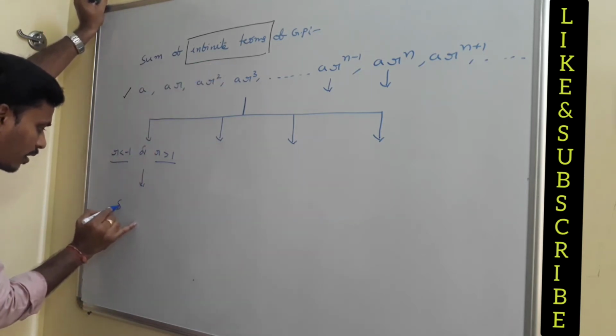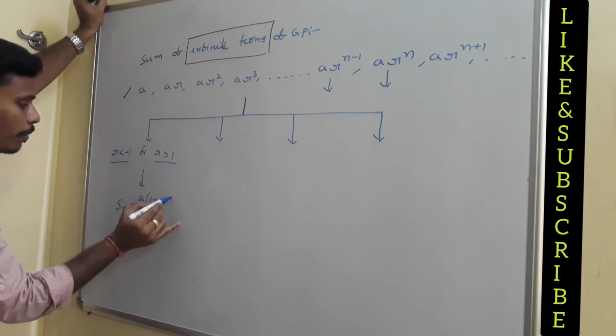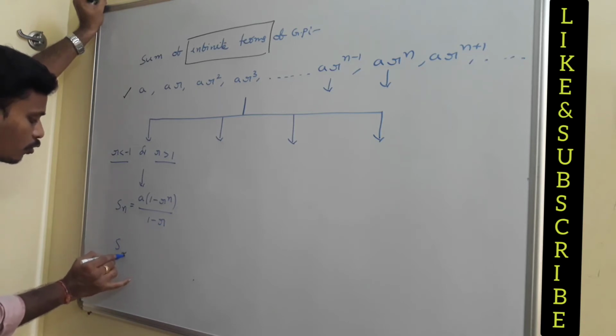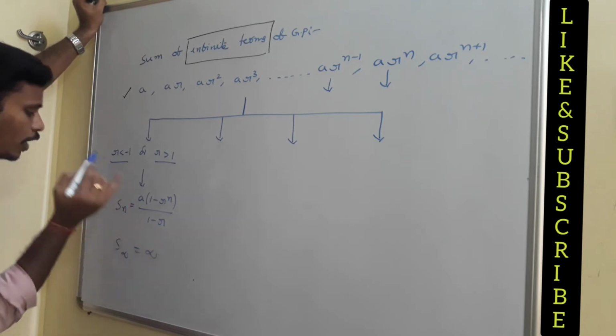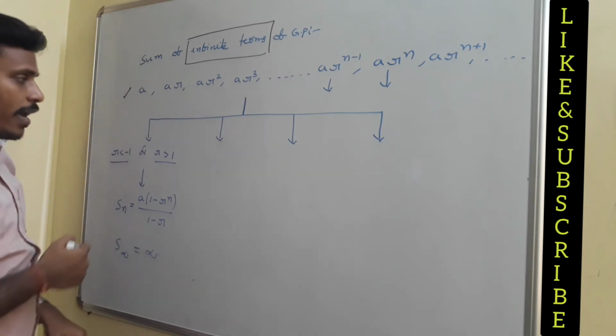Then in this case, Sn is equal to a into 1 minus r power n by 1 minus r, the sum of n terms. If anybody asks you to calculate S infinity, again your answer is infinity, because the values go on increasing, so there is no finite value.